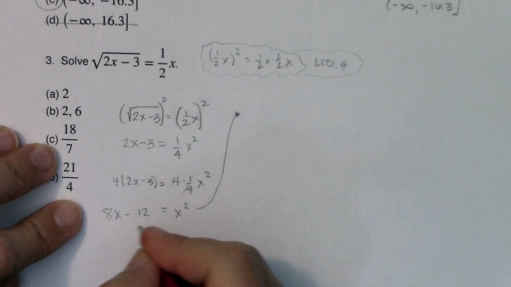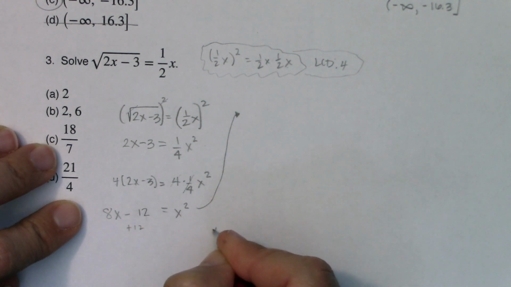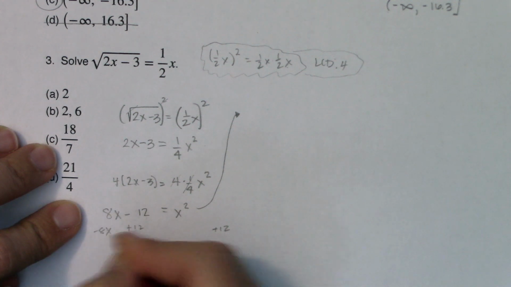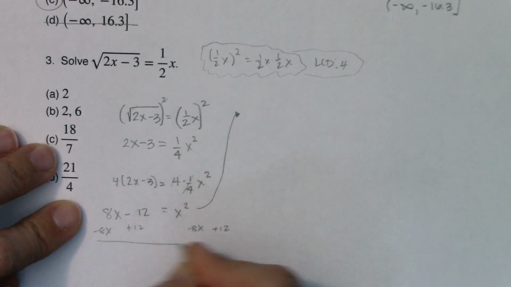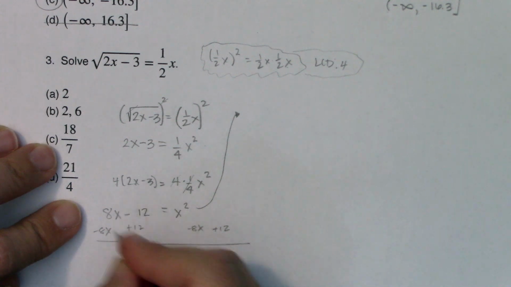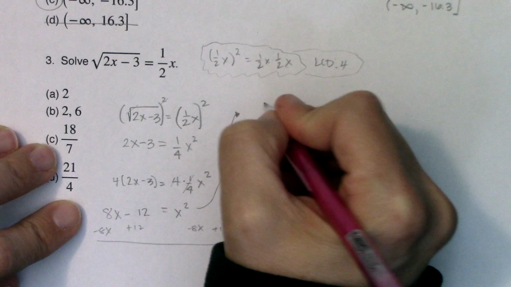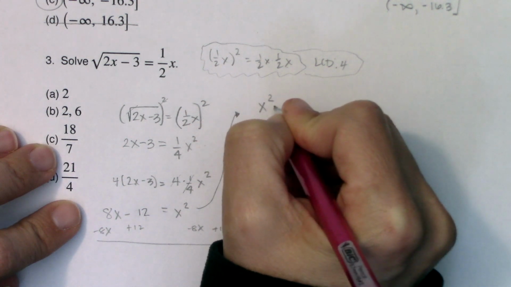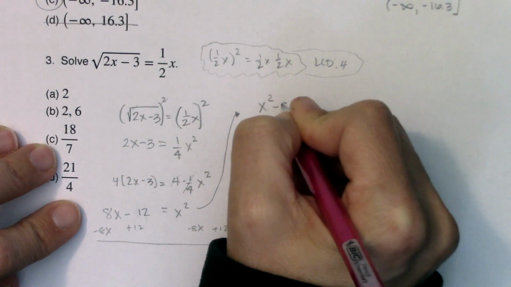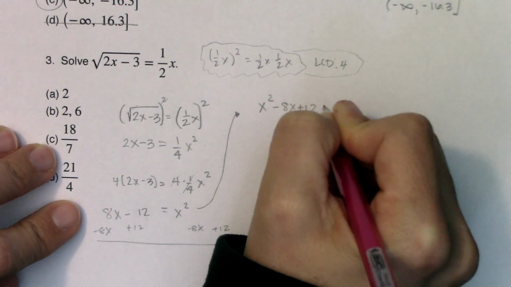So I'm going to add 12 to both sides, and subtract 8x from both sides. That will leave me with a 0 over here and x squared minus 8x plus 12 on this side. So let me rewrite that here. I've got x squared minus 8x plus 12 is equal to 0.